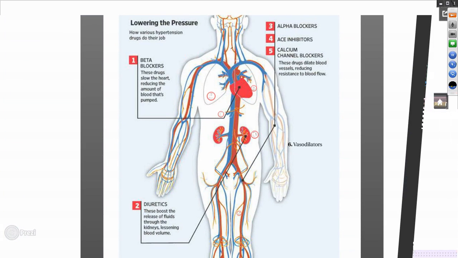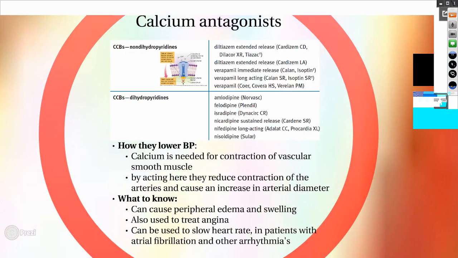Let's go to the legs, or the vasculature in the legs, rather. We'll talk about calcium channel blockers, or calcium channel antagonists. We have two types, dihydropyridine and non-dihydropyridine calcium channel blockers. To understand what these agents do, again, we have to understand this principle: calcium is needed for smooth muscle contraction in the heart and smooth muscle contraction in the vasculature.